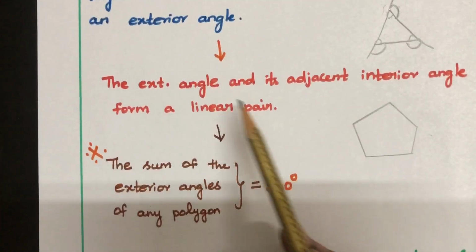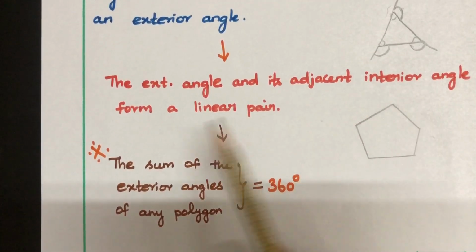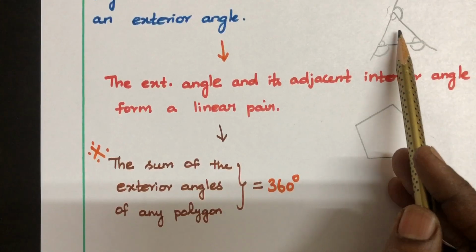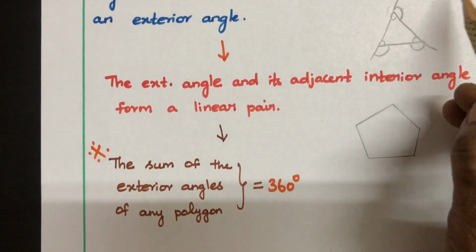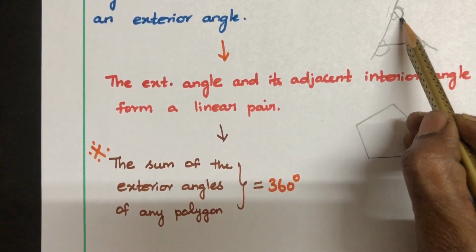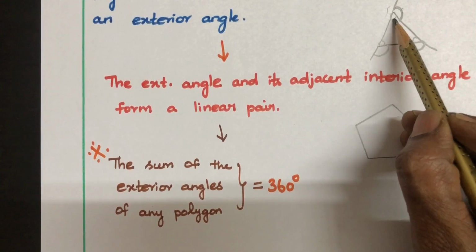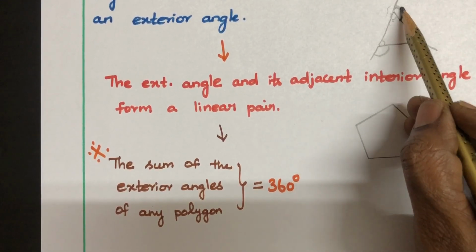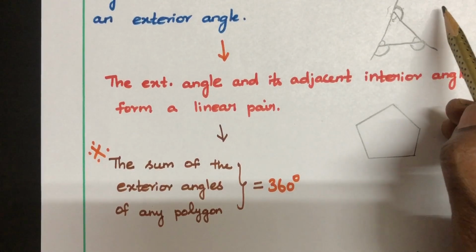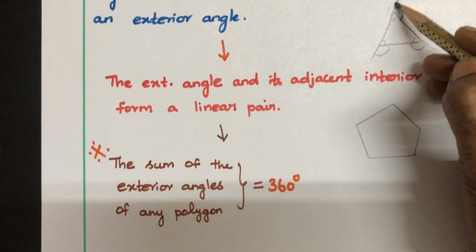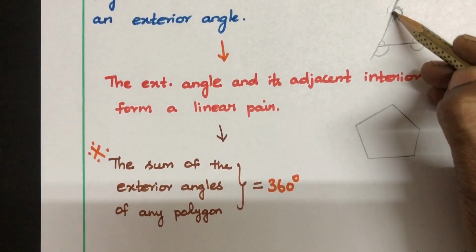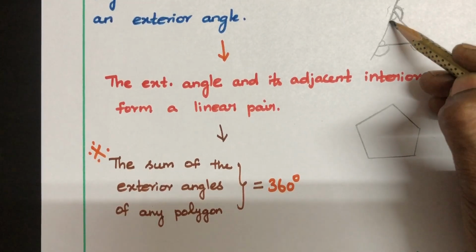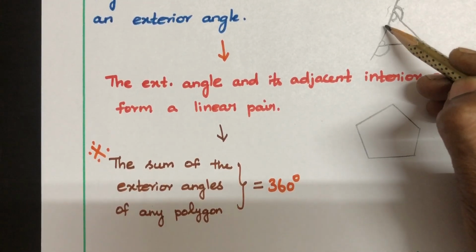So, the exterior angle and its adjacent angle form a linear pair. See, this is the exterior angle. Its adjacent angle is this angle. These two form a linear pair. Linear pair means the sum is always 180 degrees. See this line and this one line. So this angle and this adjacent angle form a linear pair.